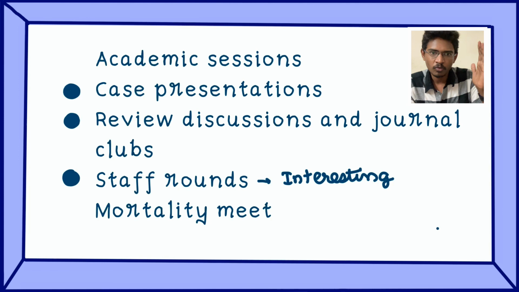Then there is one more meet, which is the mortality meet, where the mortality issues will be discussed, and we'll be discussing why the patient has expired, what all could have been done to save this patient, and what went wrong with this patient. All those we'll be discussing.